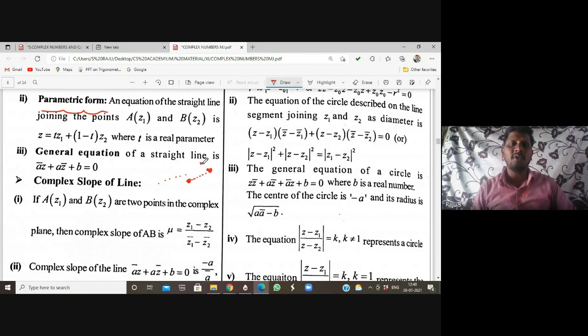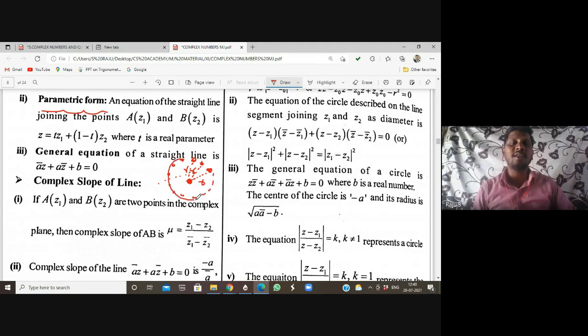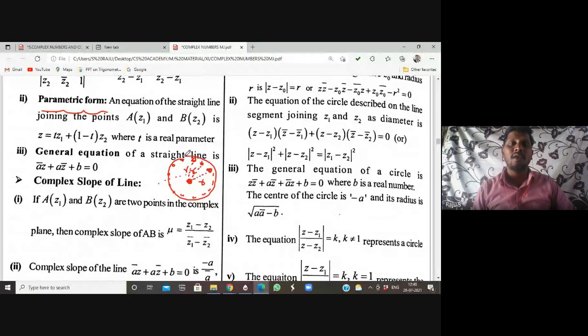Wherever you take the moving point, it is moving, but the distance will be the same, r, from the fixed point. The point is moving equidistant from the fixed point. Then it will be a circle, no, sir? Yeah, this circle is called a locus. The locus of all these points will give a circle.